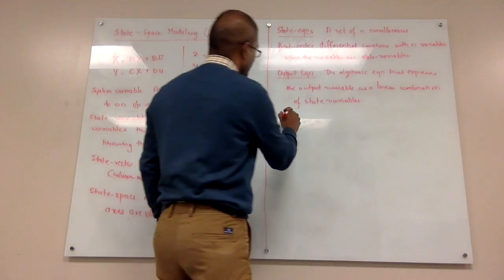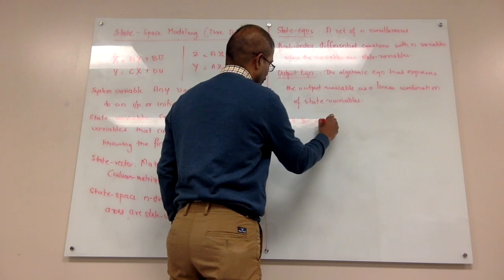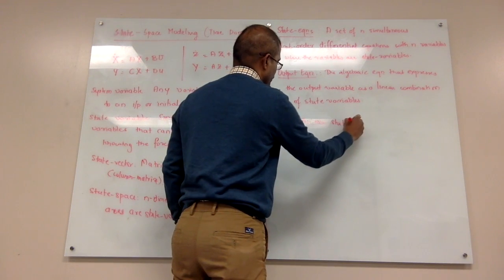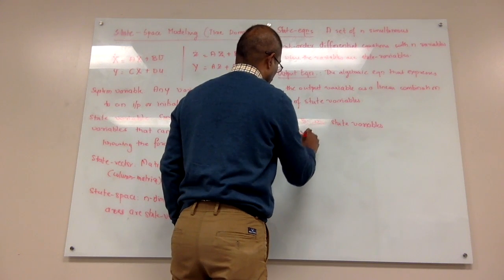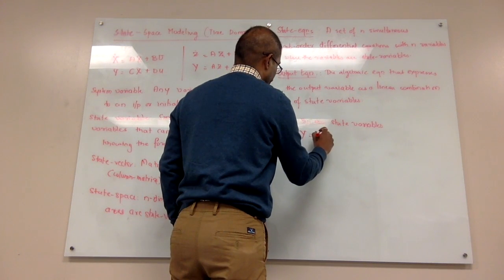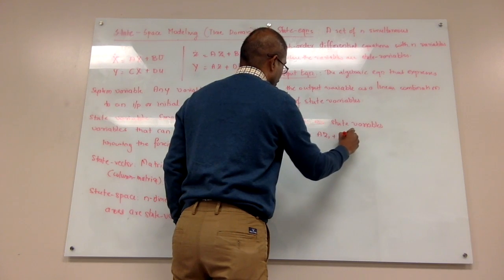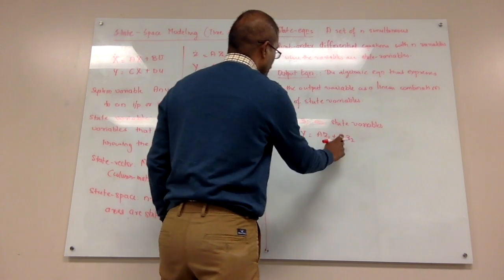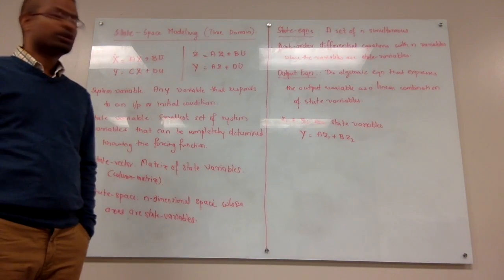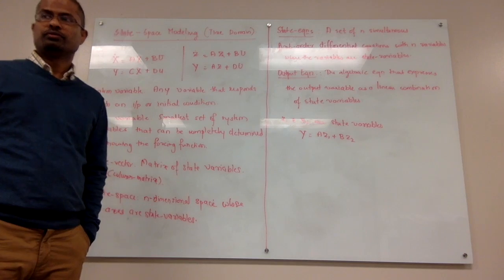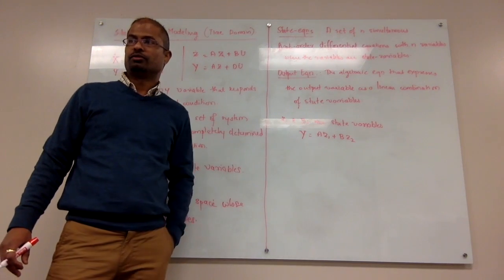If z1 and z2 are state variables, then y equal to a z1 plus b z2, where a and b are constants, would be an example of a linear combination. If you write y equal to z1 into z2, that would not be a linear combination.